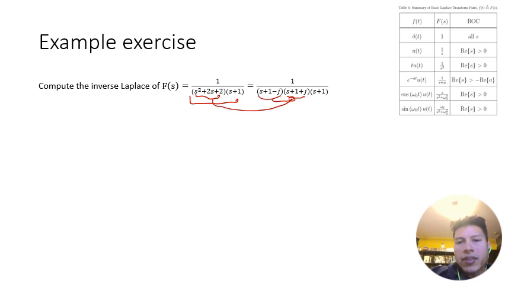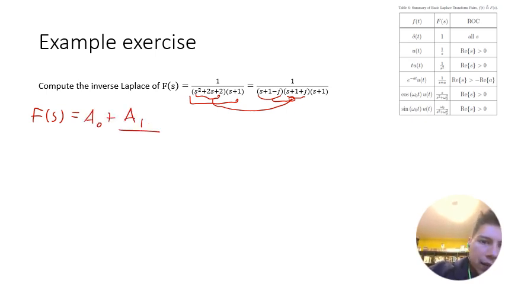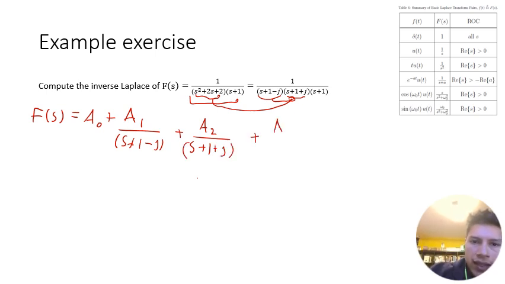And so to compute the inverse Laplace of this, we're going to assume that F(s) is of the form a0 plus a1 divided by s plus 1 minus j, plus a2 over s plus 1 plus j, and then plus a3 over s plus 1.